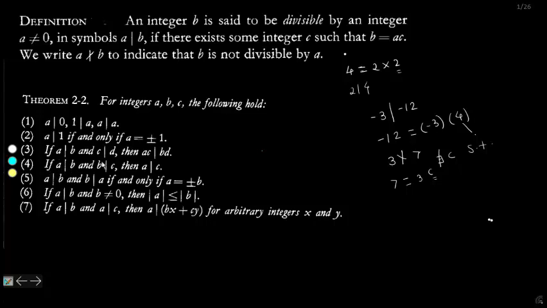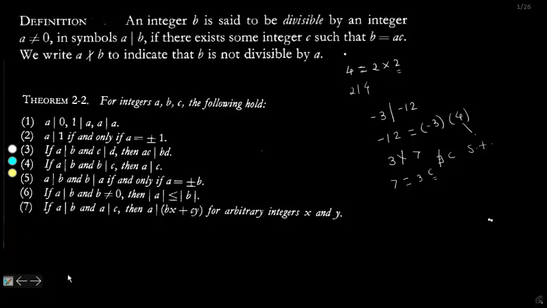If a divides b and b divides c, then a divides c. That is transitivity. A divides b and b divides a if and only if a equals plus or minus b. If a divides b and b is not equal to 0, then modulus of a is less than or equal to modulus of b. And last one, if a divides b and a divides c, then a divides bx plus cy for any arbitrary integers x and y.